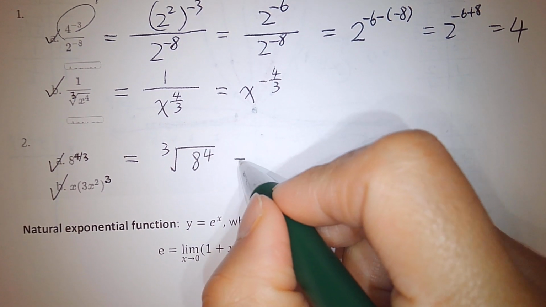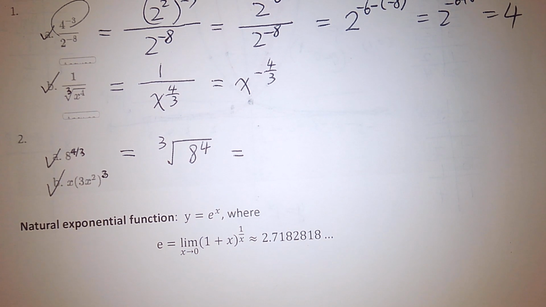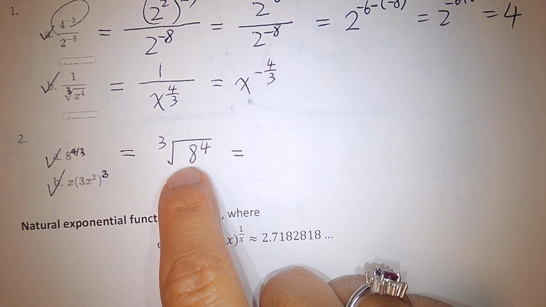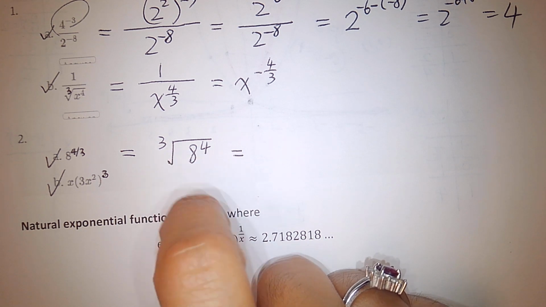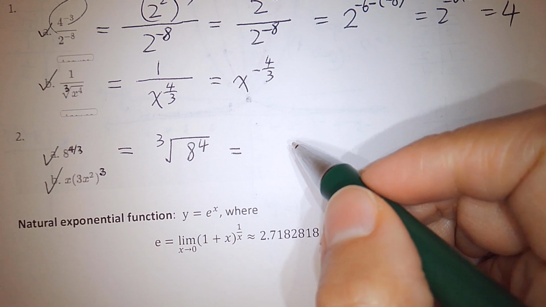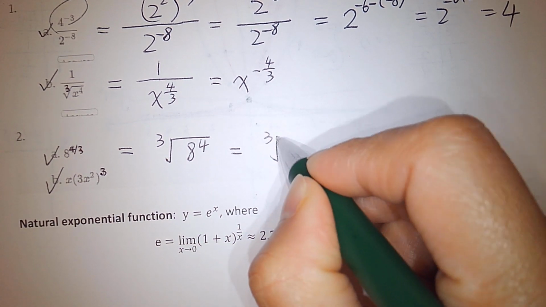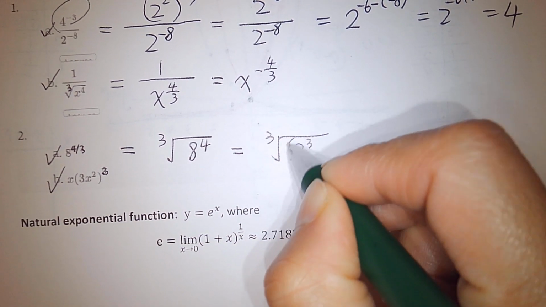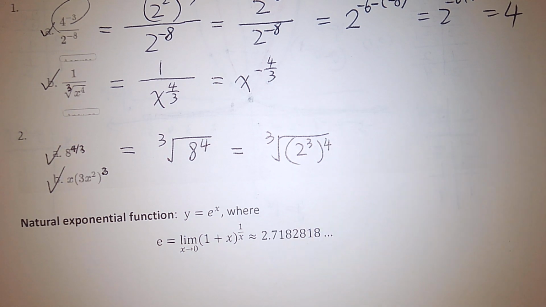Now how can we keep on simplifying it? You say let's use a calculator for 8 to the 4th power and cube root. We can do it without a calculator. 8 is the same thing as 2 cubed. So we can say it's 2 cubed to the power 4 over 3, so 3 times 4 over 3, it's just 2 to the 4th. Yes, okay.